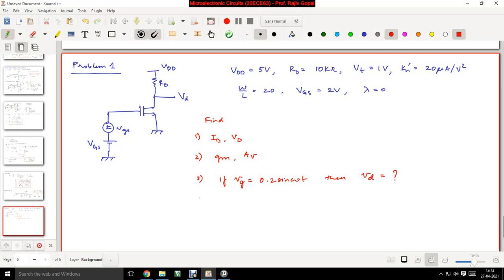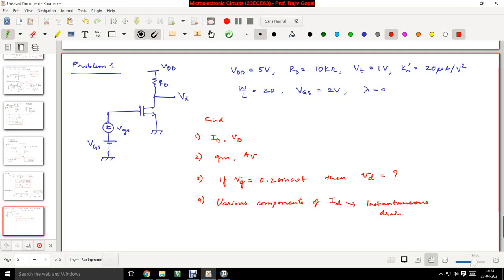Then the fourth one is to find various components of ID. Now ID here is the instantaneous drain current.